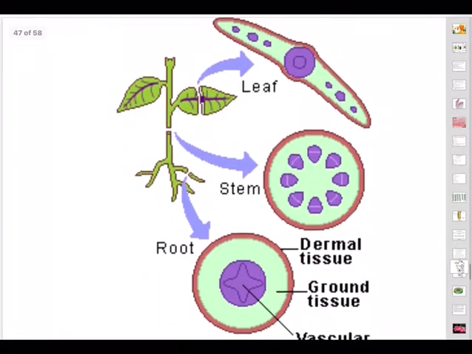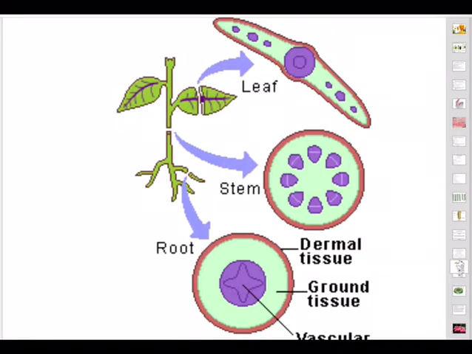Now when you take a section of, say, a leaf or a stem or root, it's called a TS, transverse section, and we all get individual experience of how to take a section when you come to practicals. So you can see when you keep this TS of leaf, TS of stem, TS of root on a slide and observe under microscope, you can virtually see all these sections.